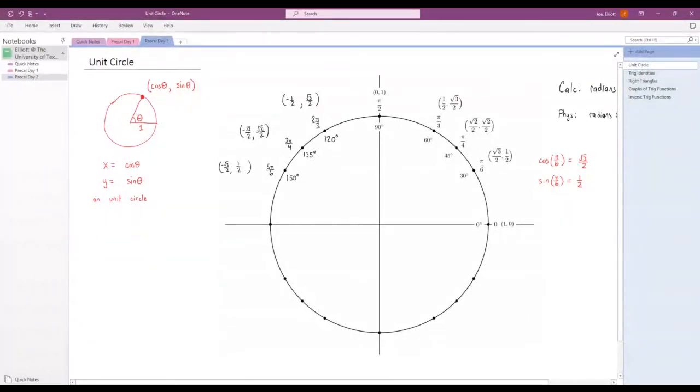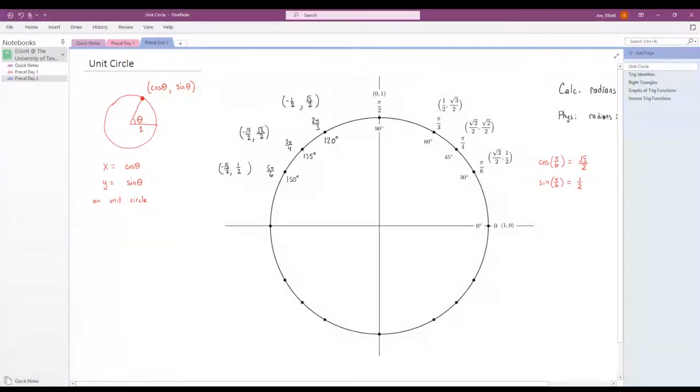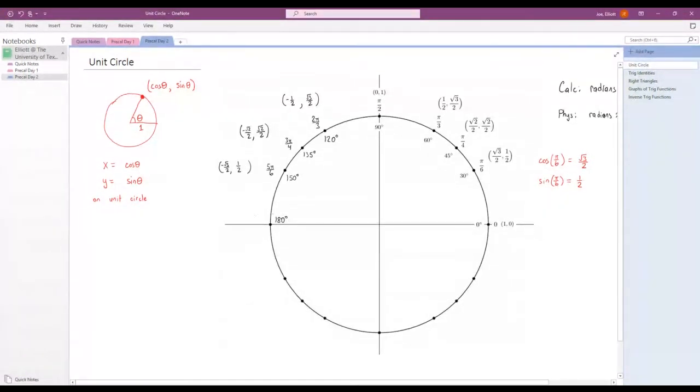Okay, and then this is going to be 180 degrees, which is pi radians. Here we can see the x coordinate is -1, since it's a unit circle, so it's a distance 1 from the origin. And then it's on the x-axis, so the y-coordinate is 0.